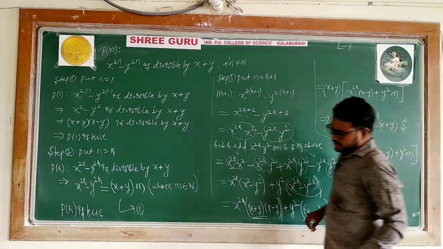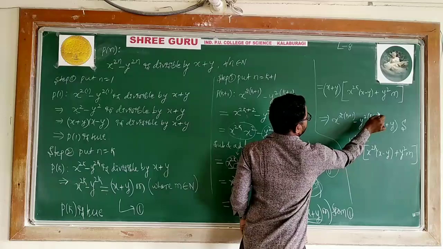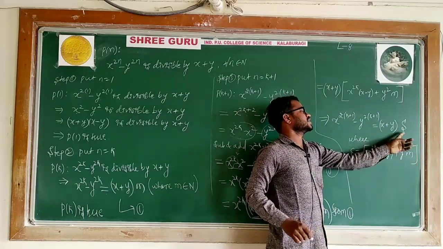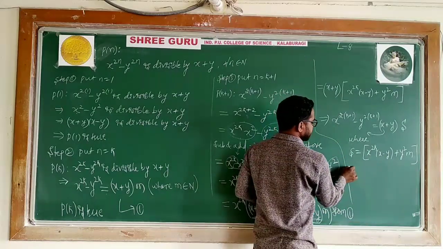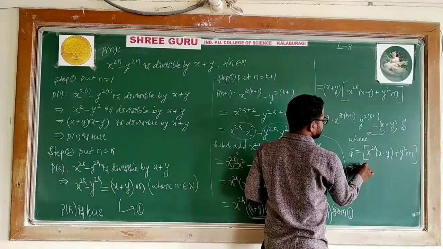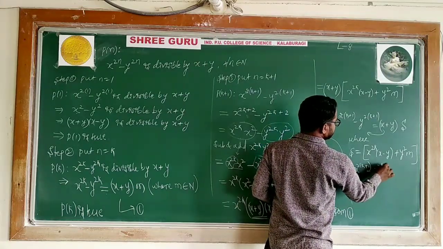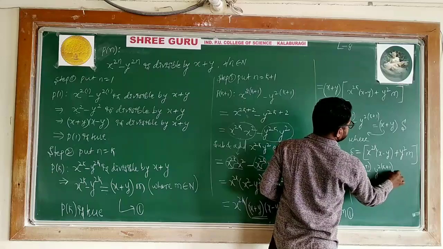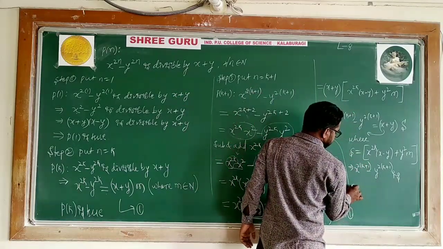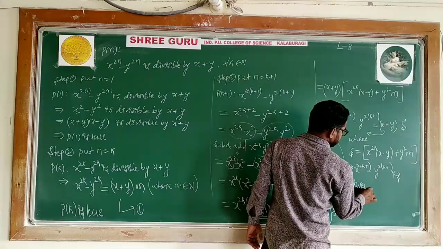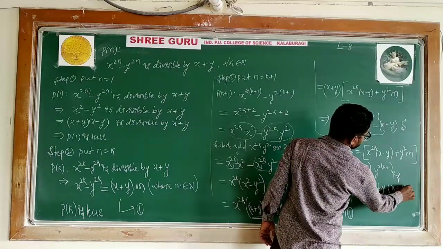Looking at this, x to the power 2 into k plus 1 minus y to the power 2 into k plus 1 is equal to x plus y into s, can I say x plus y will divide this? It implies that x to the power 2 into k plus 1 minus y to the power 2 into k plus 1 is divisible by x plus y.